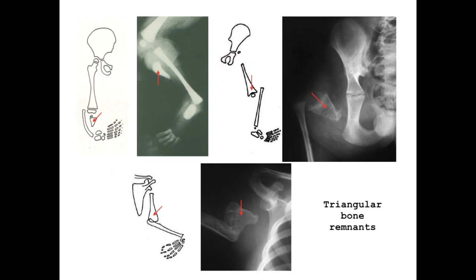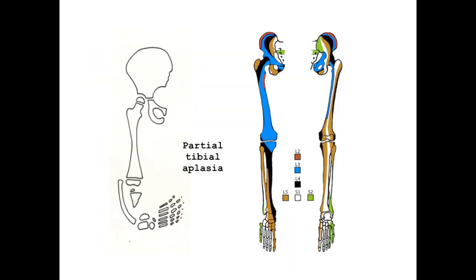These triangular remnants of tibia, femur, and humerus were frequent in all series, and only the sclerotome maps can explain them. First of all, the tibia. Partial tibial aplasia is one of the most curious residual thalidomide remnants. It was a triangular piece of upper tibia bearing on its upper surface the tibial articular surface of the knee joint.